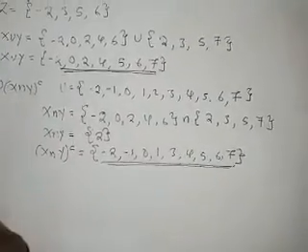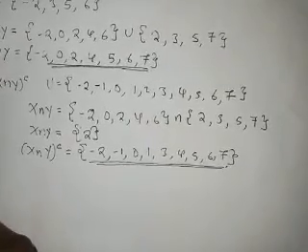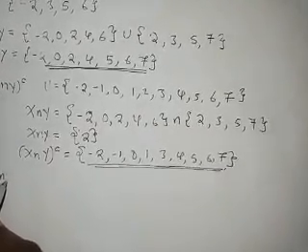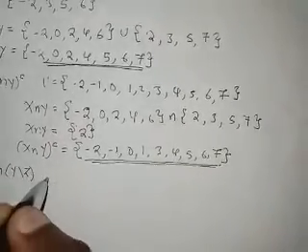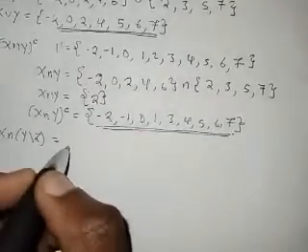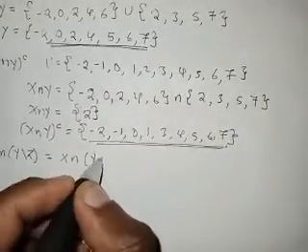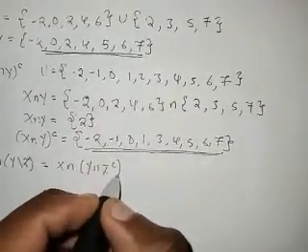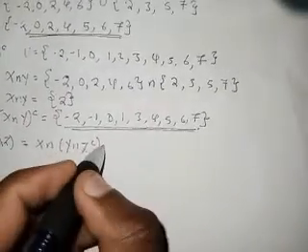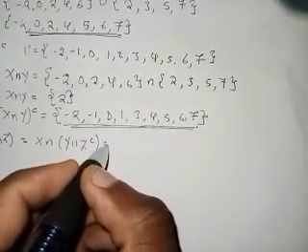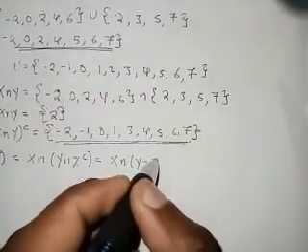So we go to the third question, which is 3. X intersection open bracket y slash z. So this can be modified. We can rewrite it as x intersection y intersection z complement, which is also equal to x intersection y minus z.